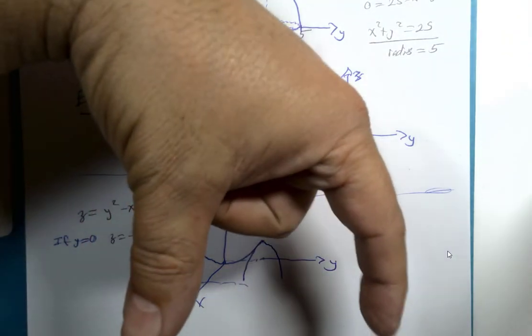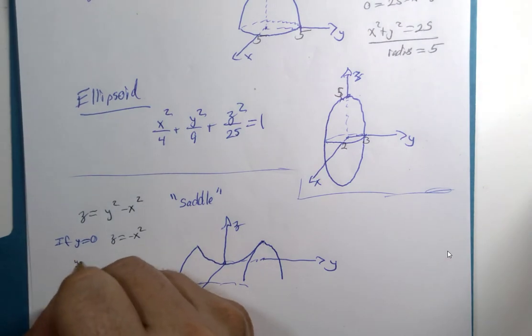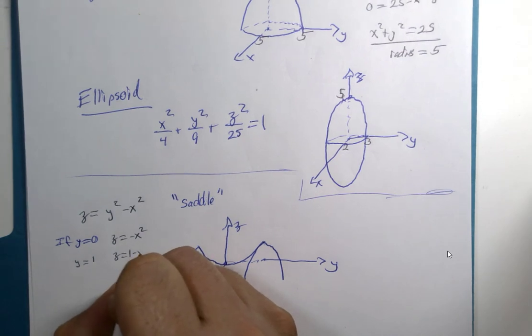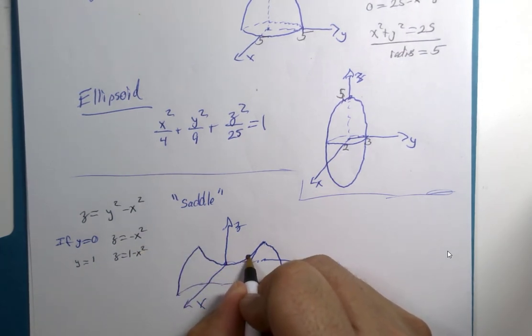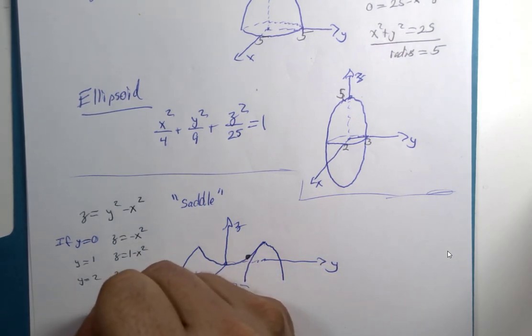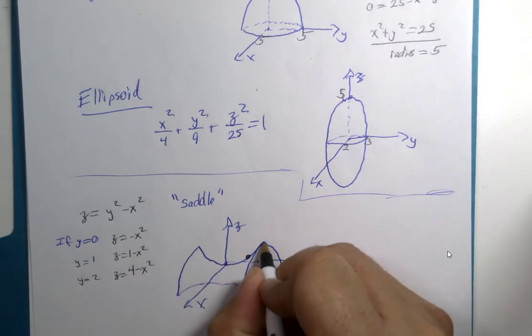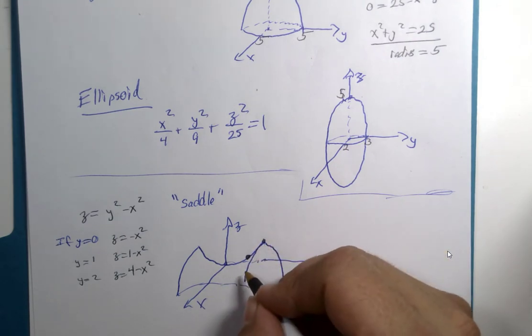It's not on the paper, it's more like this. And if y equals 1, you get z equals 1 minus x squared. And so when you go in the y-axis direction, the vertex is 1 unit up. And if y equals 2, then z equals 4 minus x squared. So that would be 4 units up in that direction. But the parabola opens sideways.